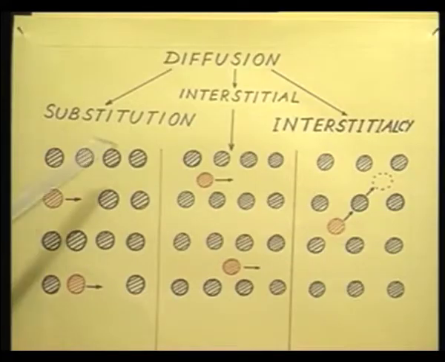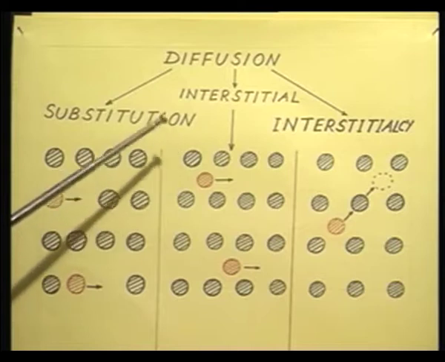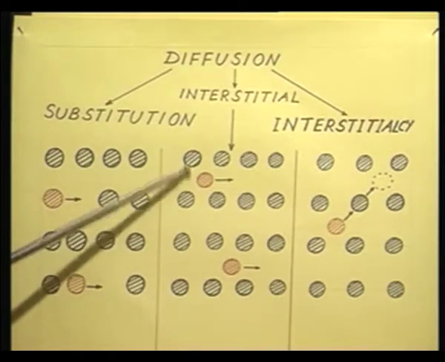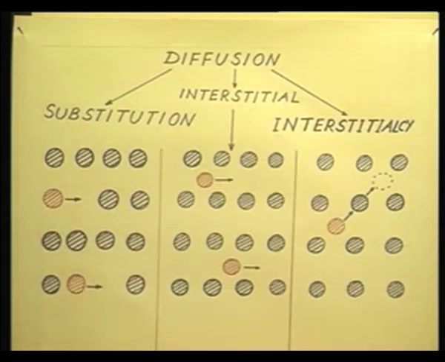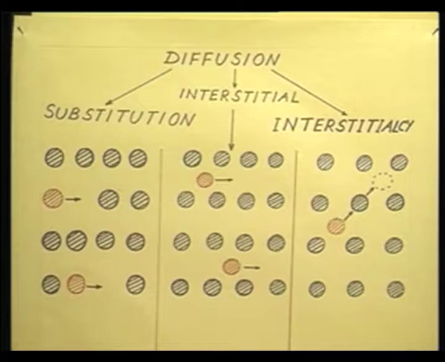Let us look at the second possibility, that is movement by interstitial. In this case, what is going to happen? As I told you, in a diamond lattice there is a lot of empty space in between the regular array of atoms, and the impurity is free to move through this interstitial space.